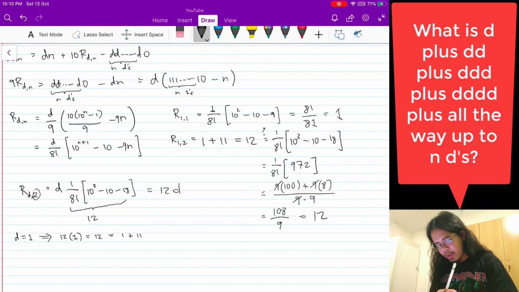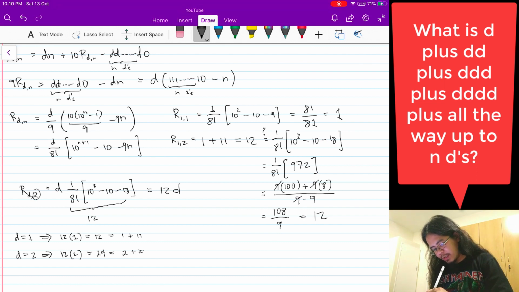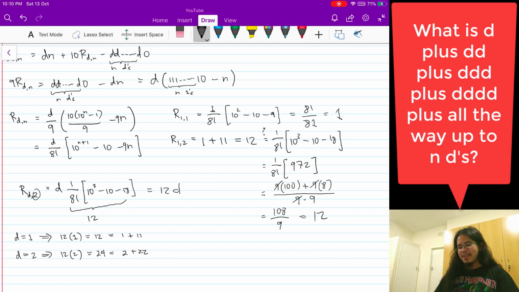How about when D is equal to 2? That means 12 times 2, which is 24. Aha, that's just 2 plus 22. So that's an amazing way to remember 12 multiplied by any digit, right? Because this is 12D, D is between 1 and 9. So someone asks you, what is 12 times 9? Or what is 12 times 8?